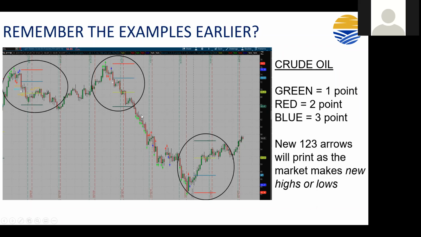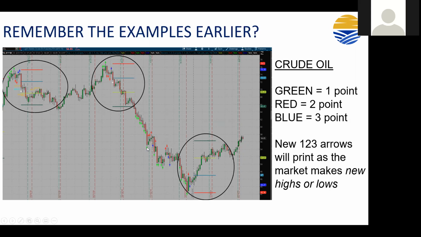Now, what about all these green arrows? Why do we see all these green arrows? It's because it's telling us the market is making new lows. New lows and lows and lows. Once we stop making new lows and pull back, we stop getting our number 1 and we start to get a number 2 print. Market pulls back, and so 1, 2, 3. We never break above the number 2.